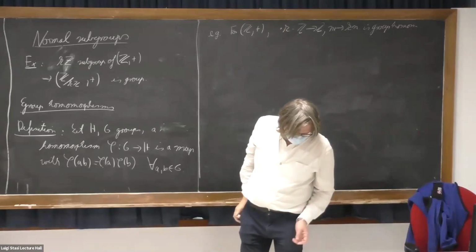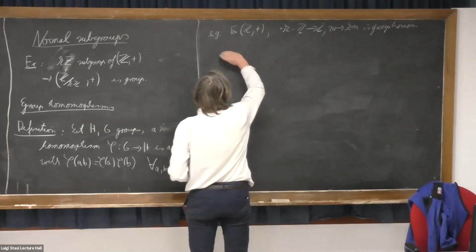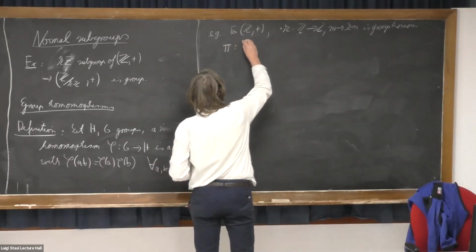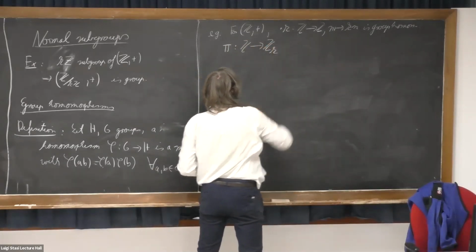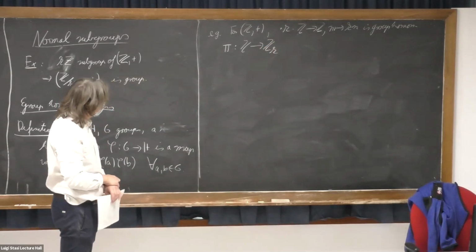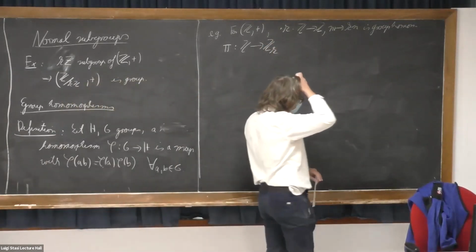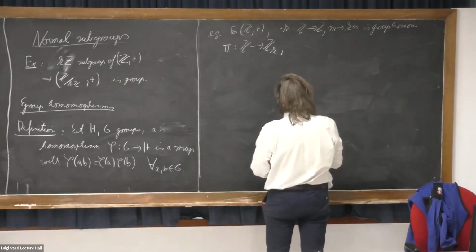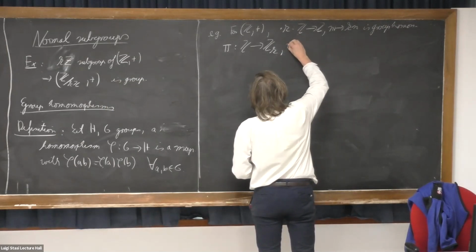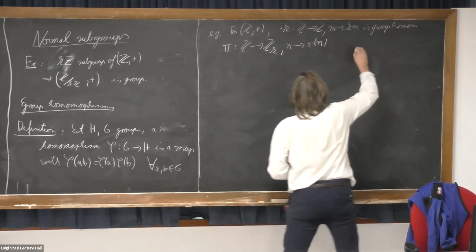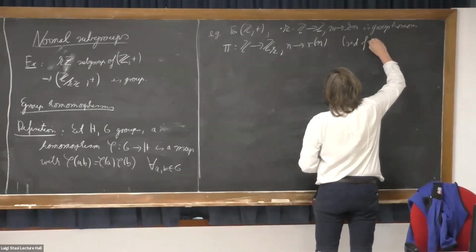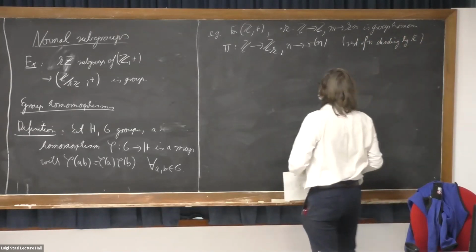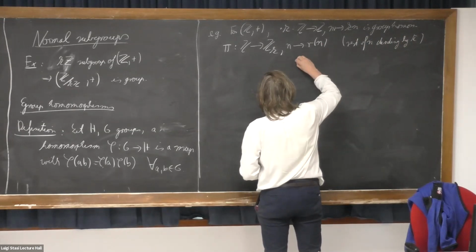And maybe another one, from Z to Z/k, the numbers from 0 to k minus 1 with the addition by taking the rest, which sends the number n to r(n), the remainder of n divided by k. You can easily check this is also a homomorphism.